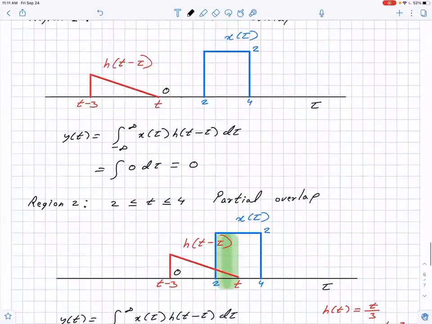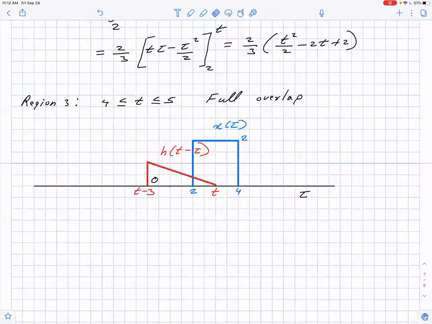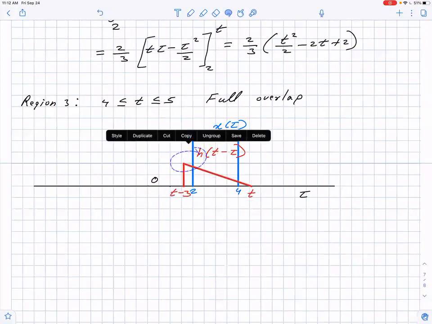Now let's consider the third one. We're going to draw a graph for this region as well. The graph should show maximum or full overlap possible. Then I'm going to shade the overlapping segment.